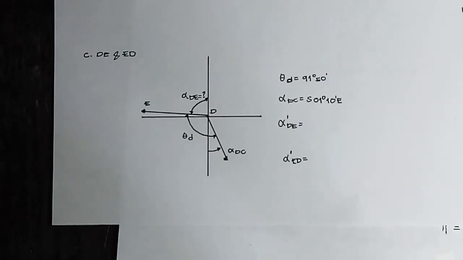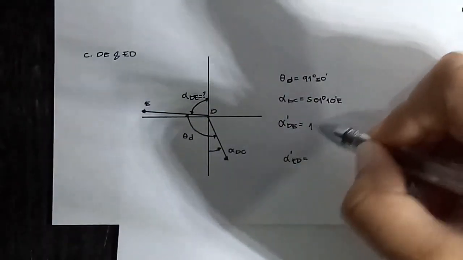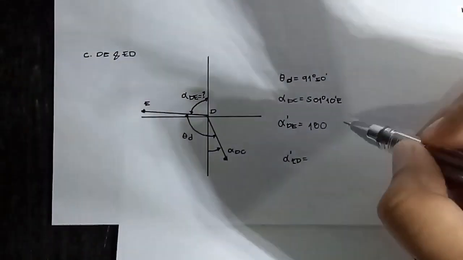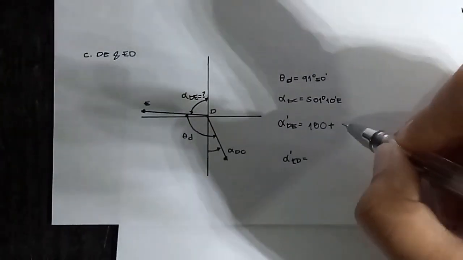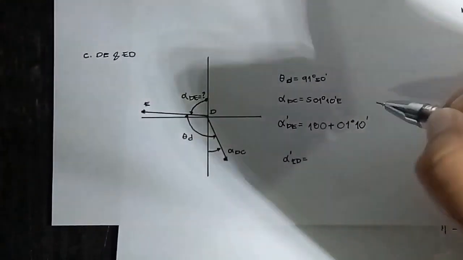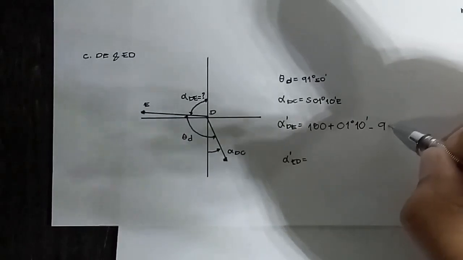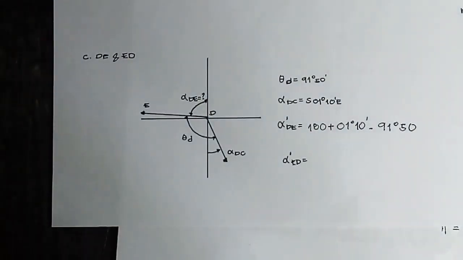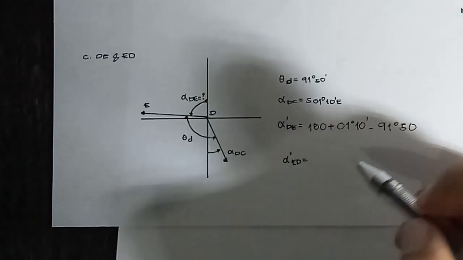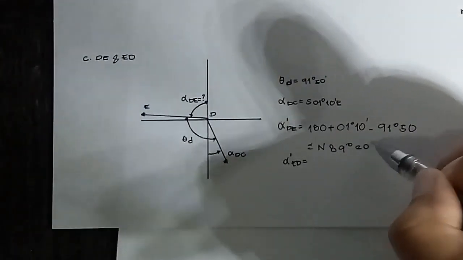So, ang gagawin lang natin dito is, since nakita natin na meron tayo dyang 180 degrees, then i-add natin doon yung adjusted bearing ng DC. And then, i-minus natin yung ating adjusted interior angle ng D. So, ang kalalabasan niya is north 89 degrees 20 minutes west.